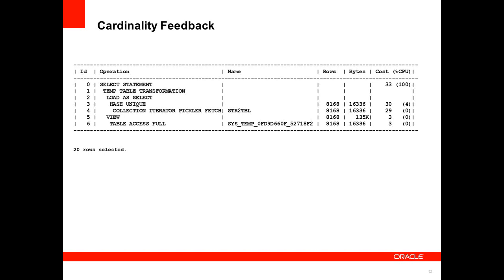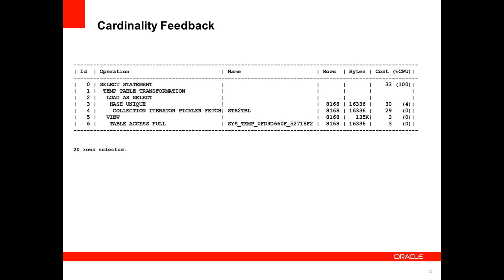And in this case, the optimizer is always going to guess 8,168 because I have an 8K block size database. If I want to change that estimate, one approach I could do is rebuild my database with a 4K block size tablespace as default, and the optimizer would start estimating about 4,000 rows will come out of that function. But that's not a very good way to influence the optimizer in this case.